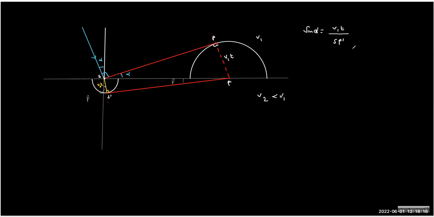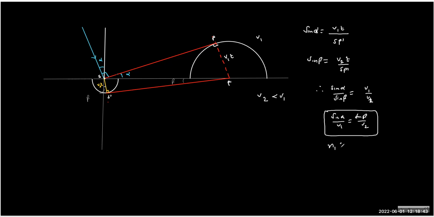SP dash is the common side of the two triangles, and sin beta you can say as v2t by SP dash, and therefore sin alpha upon sin beta equals v1 upon v2. So again, this is Snell's law. If you have not understood this part, don't worry, because you need to learn the Huygens principle.